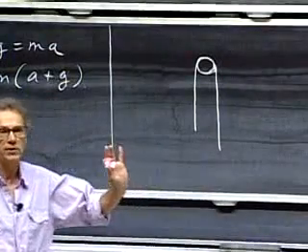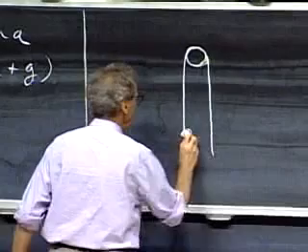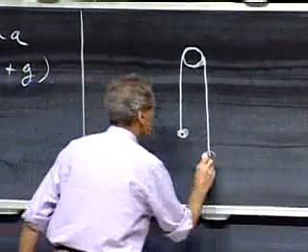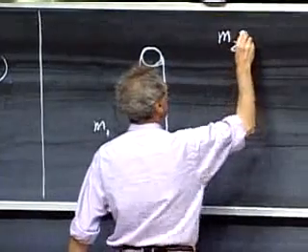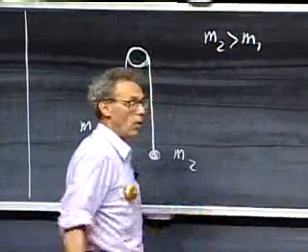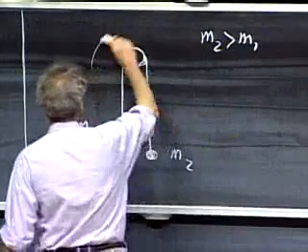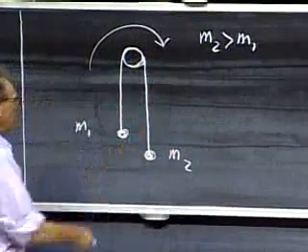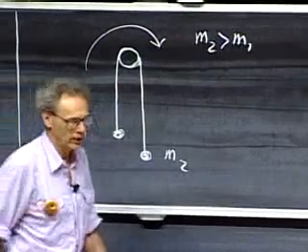Let's just assume that it is massless. And there is here an object m1, and there is here an object m2, and I'm telling you that m2 is larger than m1. So we all know what's going to happen. The system is going to accelerate in this direction. m2 will be accelerated down, and m1 will be accelerated up.